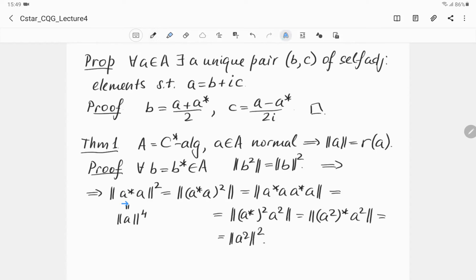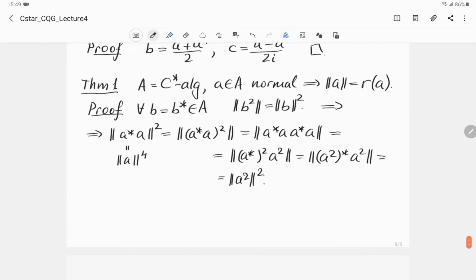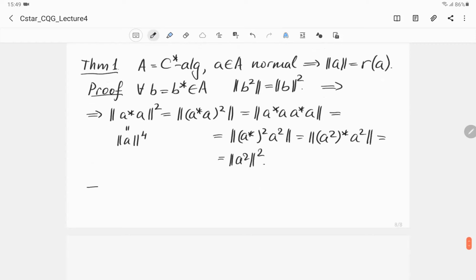If we now compare this and this, and we take the square root, we conclude that the square of the norm of a equals the norm of a squared. Now, a simple inductive argument implies that the same is true for all powers of 2. So we have the following identity.